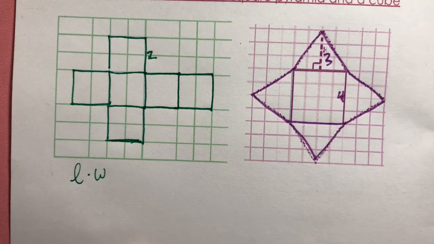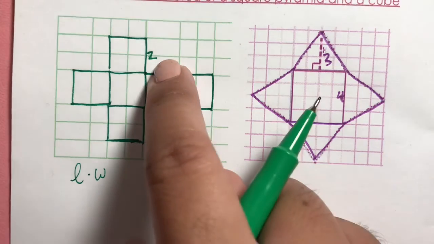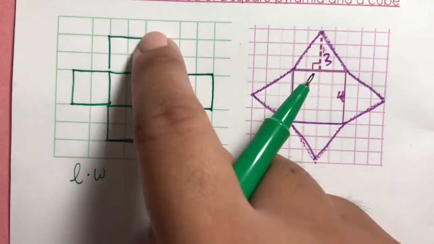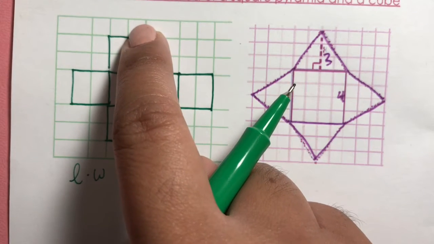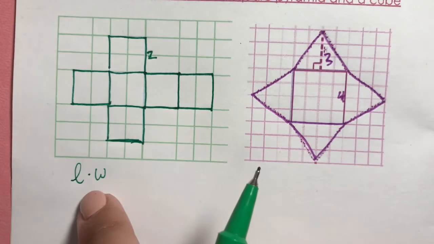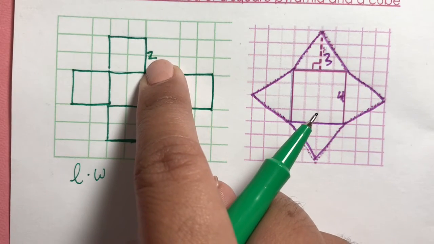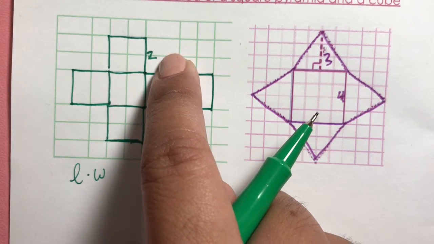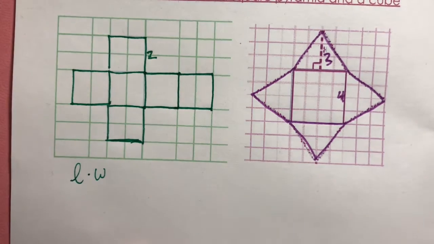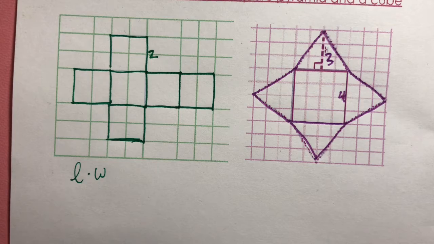For this problem, because it's a square, each side is going to have the exact same length. We see here it's 2 units. We don't know if it's feet, inches, or centimeters, and that's fine. We can just put it as units.